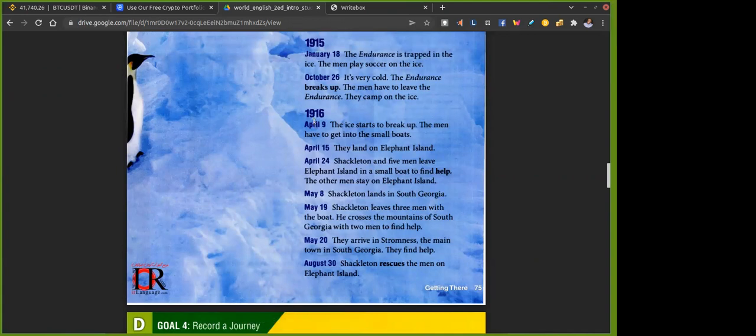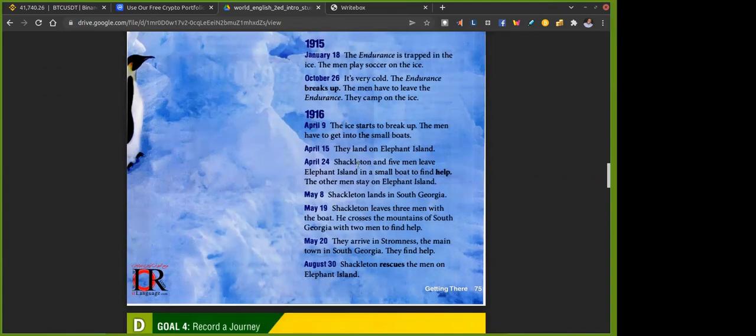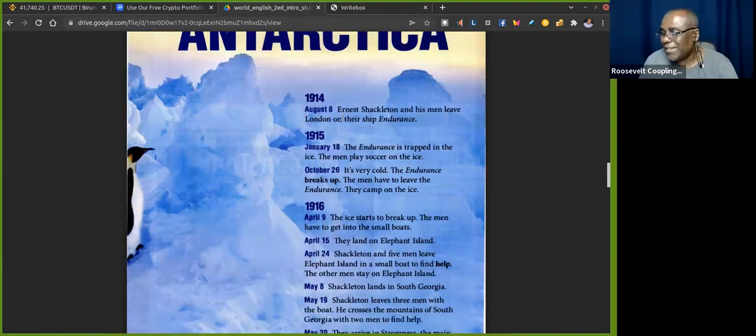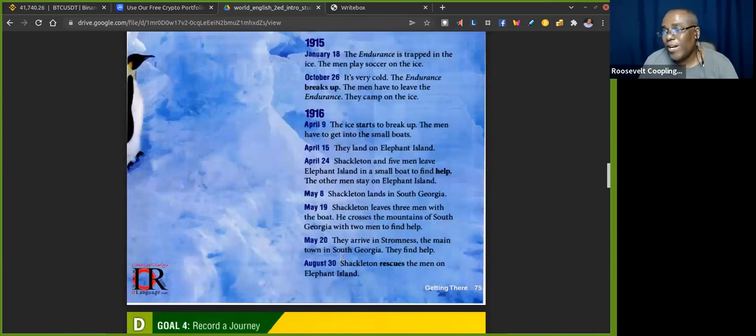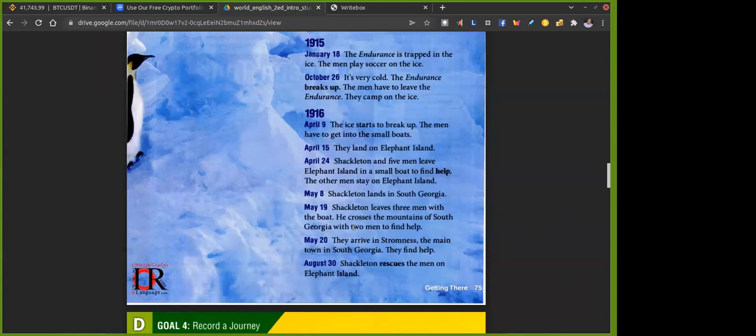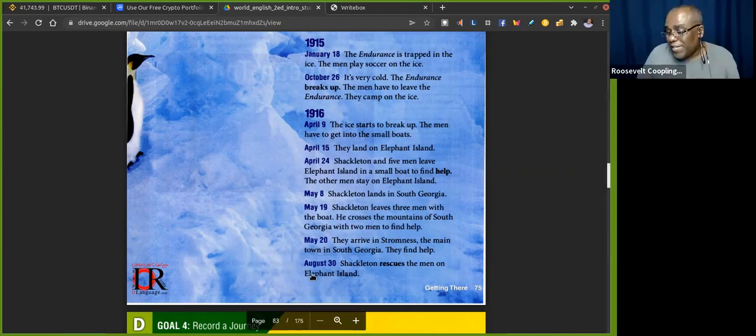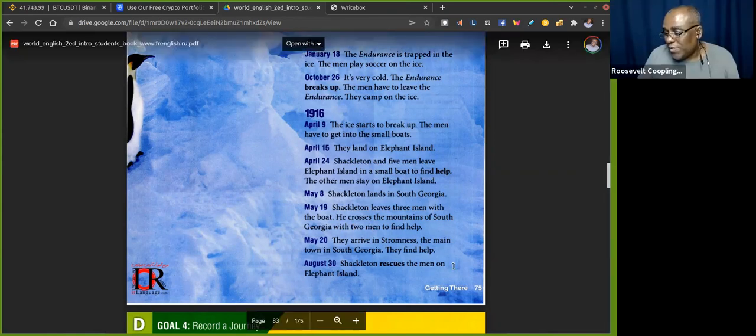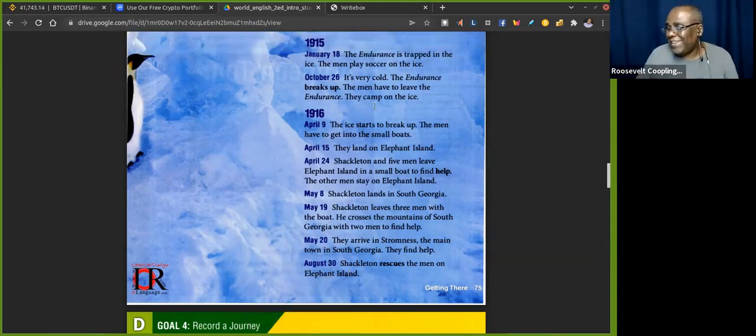Wow. For me, that's terrible. More than 2 years, because on August 30, Shackleton rescues the men on Elephant Island, but they have to go back home, okay?